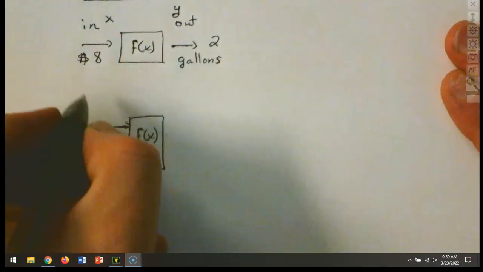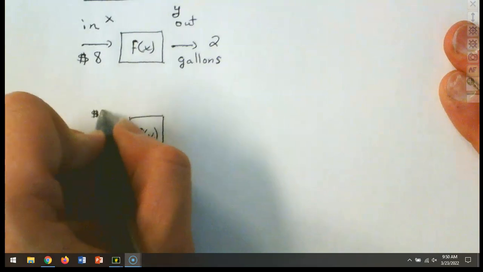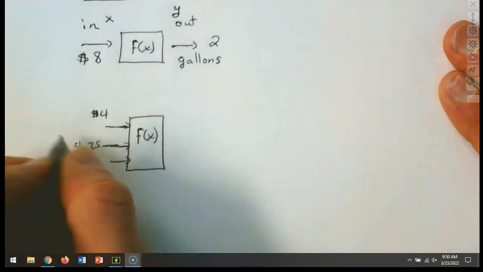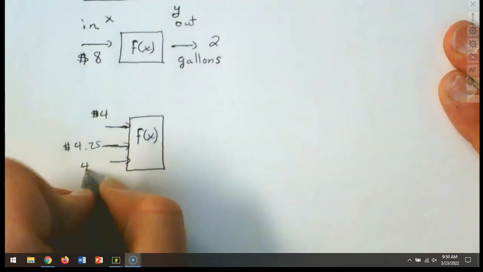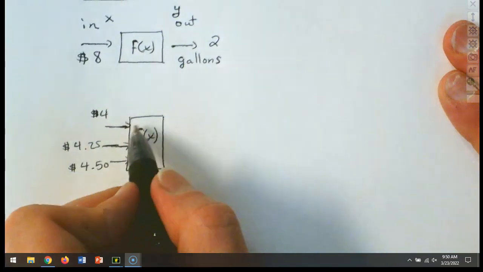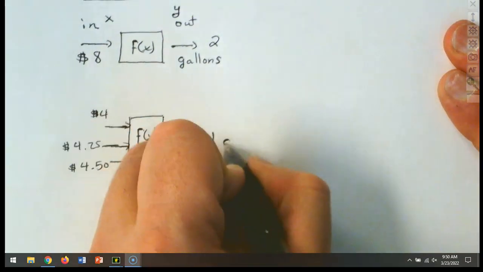So you might have, let's just make it easy, let's say $4 a gallon gas, you've got $4.25, right? And $4.50. So what happens with all of those? Well, those are the prices for what? 1 gallon.